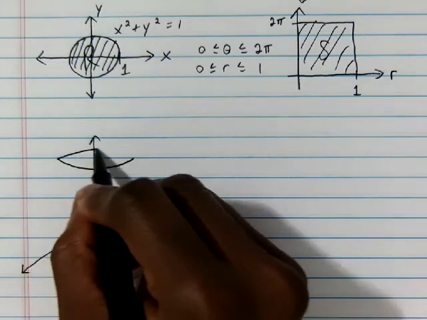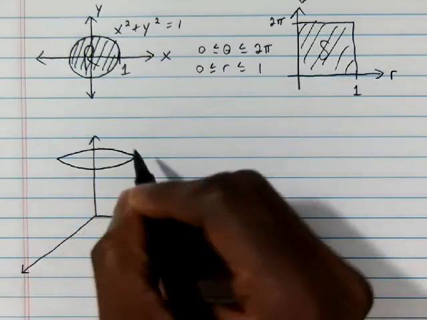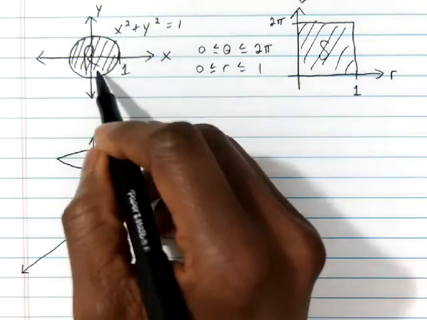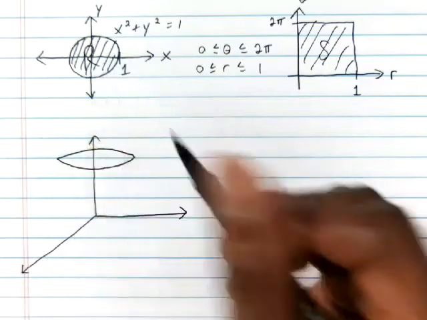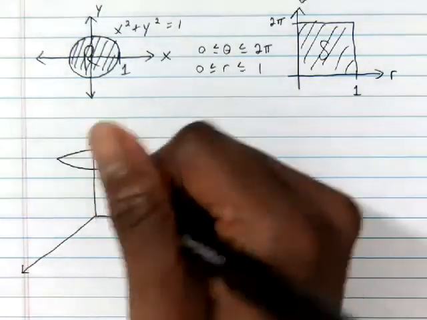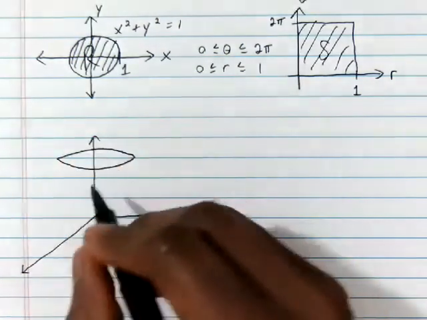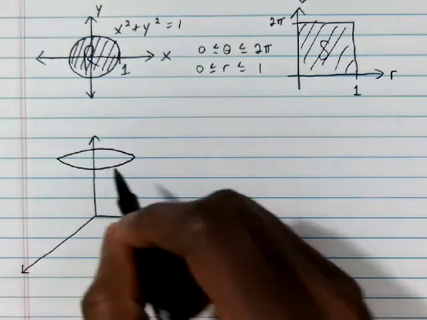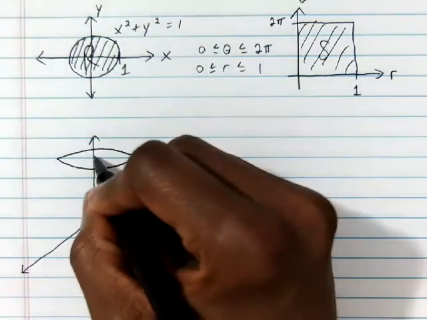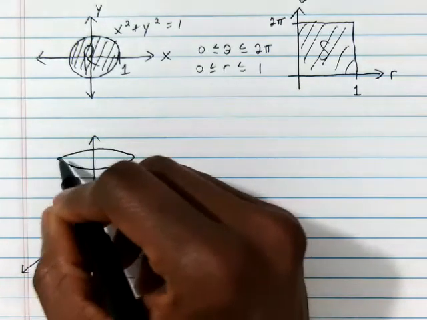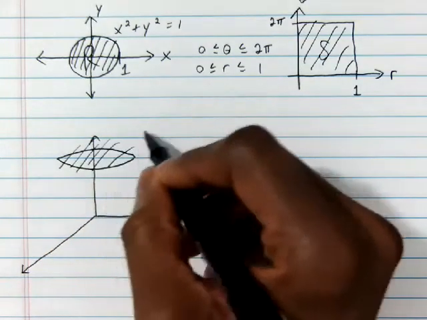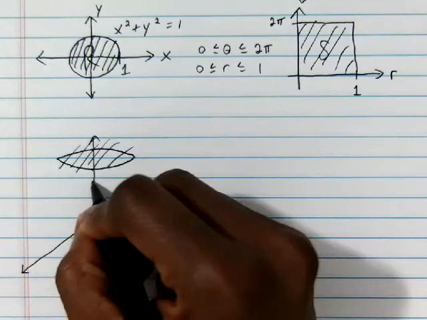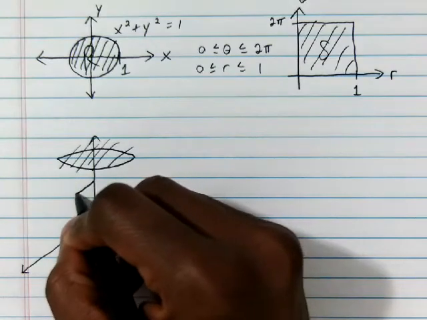Now, of course, in polar coordinates, the region doesn't have to be a circle. It could have been a quarter circle. It could have been a bunch of different things. So actually, we'll do that for this. Instead of a full cylinder, let's make it a quarter of a cylinder.